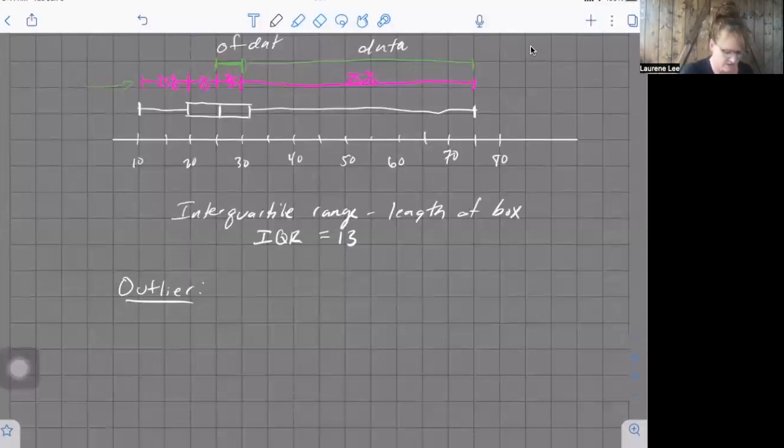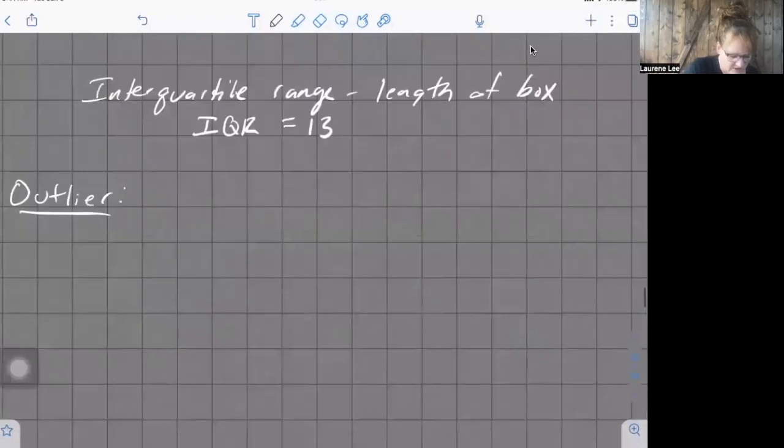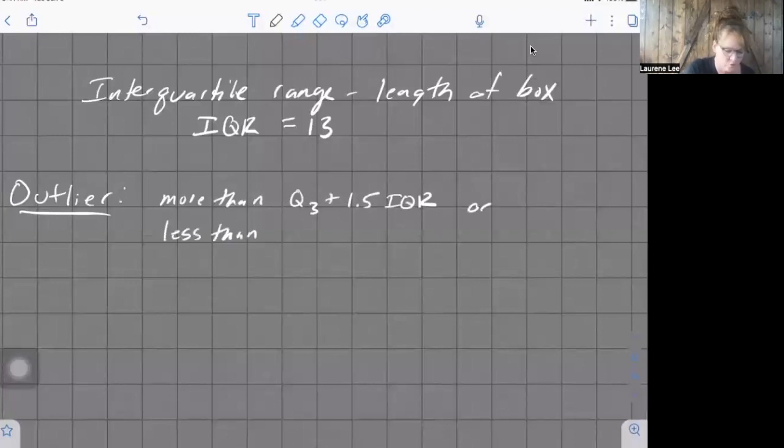Okay, and so the formula is an outlier is going to be more than, that means bigger than, to the right of, depending on how your brain works, more than quartile 3 plus 1.5 times the interquartile range, or less than quartile 1 minus 1.5 times the interquartile range. All right, so let's walk through these formulas so they're a little bit less scary.